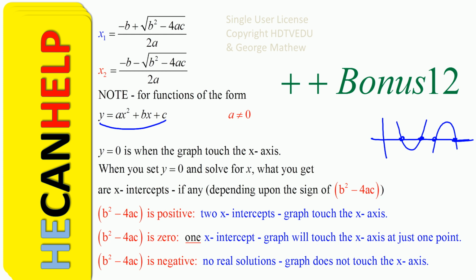So when y is equal to 0, we have the x-axis. And when you set y equal to 0 and solve ax squared plus bx plus c equal to 0, you get the roots of the equation. If b squared minus 4ac is positive, 2 x-intercepts. If b squared minus 4ac is 0, 1 x-intercept. If b squared minus 4ac is negative, no real solutions.